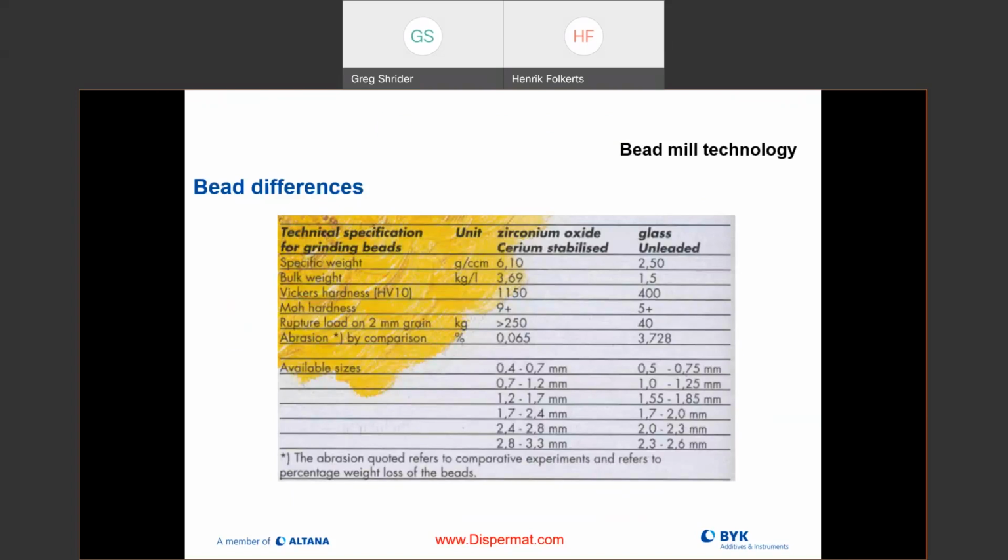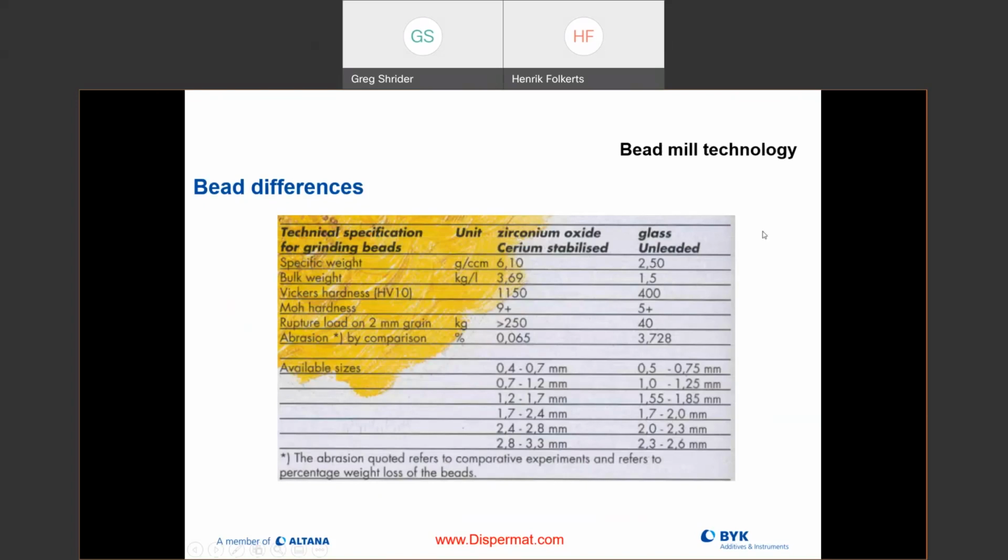So we recommend using zirconium beads. You know, there are different grades. Obviously, yttrium stabilized are very hard, and these beads were cerium stabilized, and these beads will then allow you to have much better milling performance over just your standard glass beads. Okay, you can already see, for example, the specific gravity, the weight of a zirconium is 6.1 versus a glass bead 2.5.